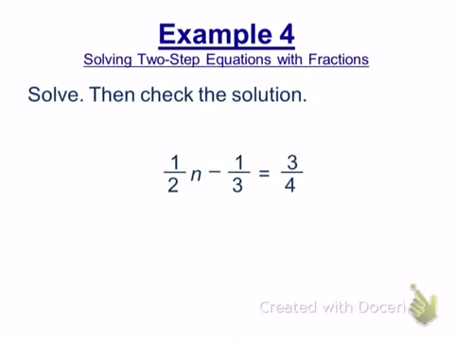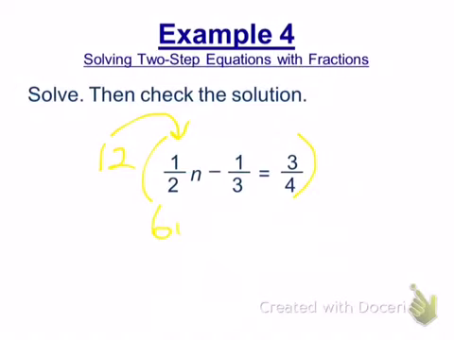Because an equation is balanced, as long as we do the same thing to every term, we can do pretty much whatever we want to an equation. So, what would the common denominator be for all three of these denominators? 12. So we're going to multiply this entire equation by 12. What's 12 times 1/2? 6.